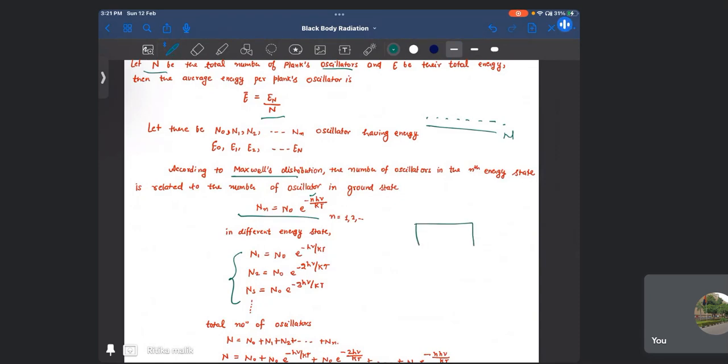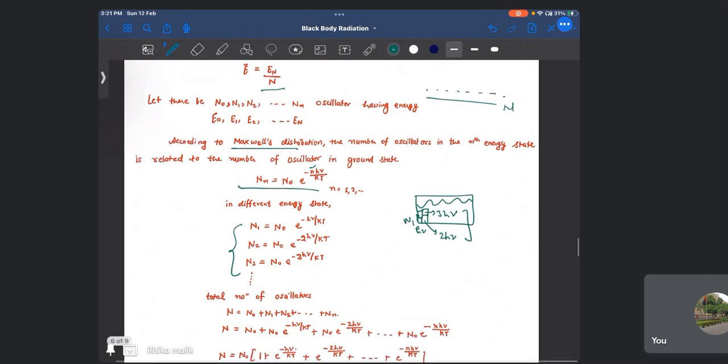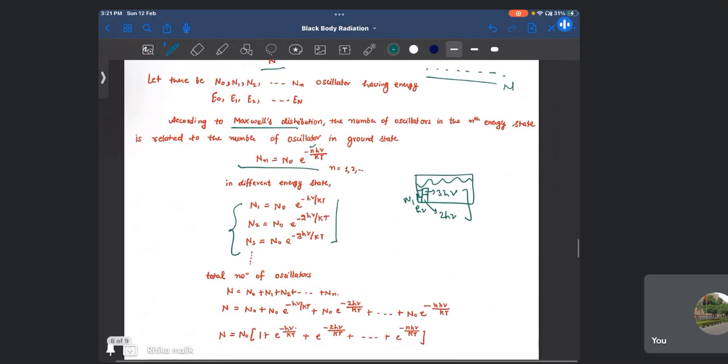It's like we have a box. Instead of having standing modes, we have small boxes, and each box carries energy hν. Some boxes may have energy 2hν, another may have 3hν. So we call these the numbers of oscillators n1, n2, n3, and they have different energies.